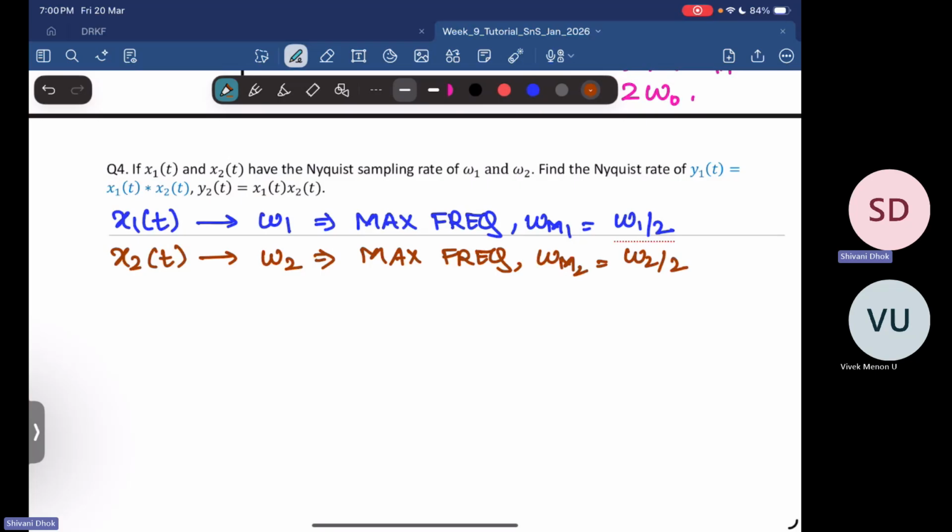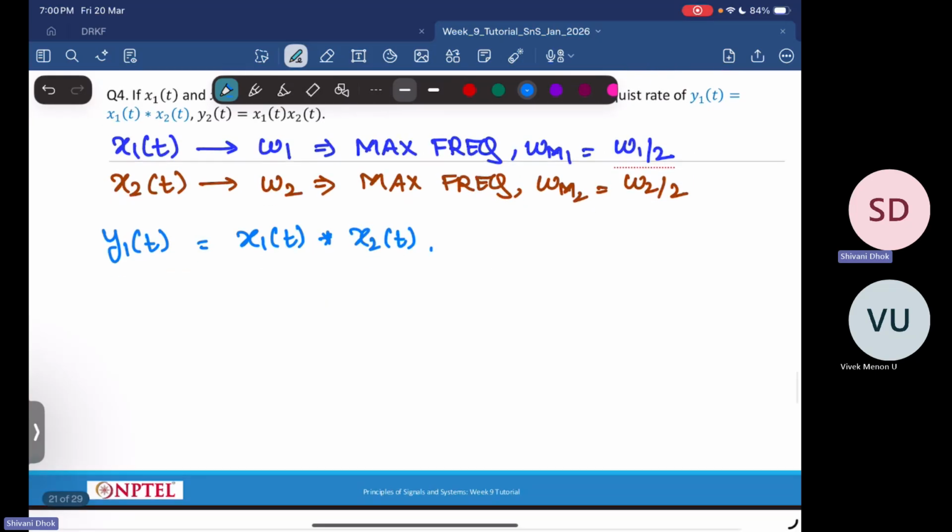And the first signal that we are interested in is y1 of t, which is x1 of t convolved with x2 of t. We want to find the Nyquist rate of this particular signal.